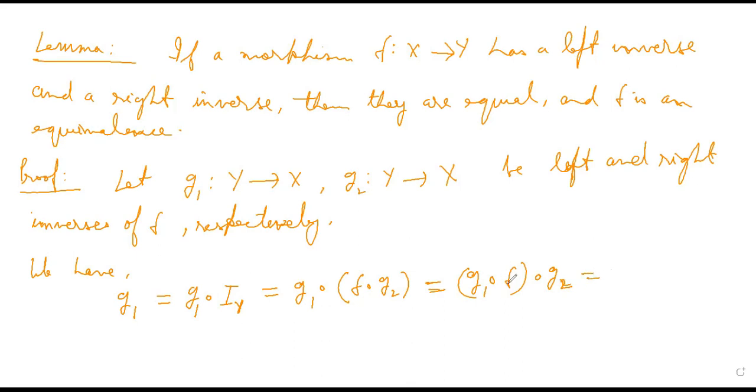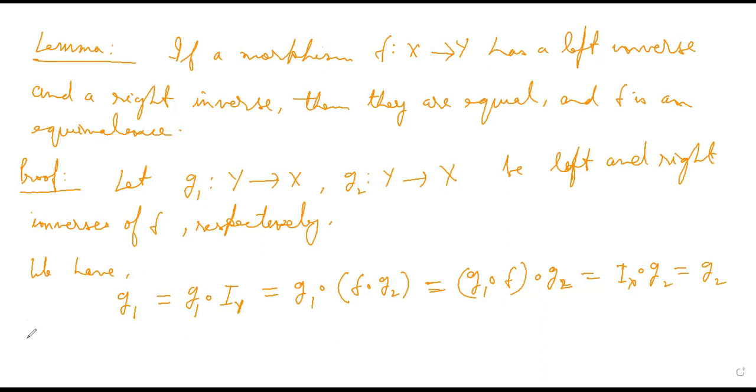And this is what, because G1 is left inverse of F, G1 F compose G1 is nothing but I X compose G2. And this is basically again by using property of identity morphism for X, this is nothing but G2. So G1 equal to G2. So this completes the proof.